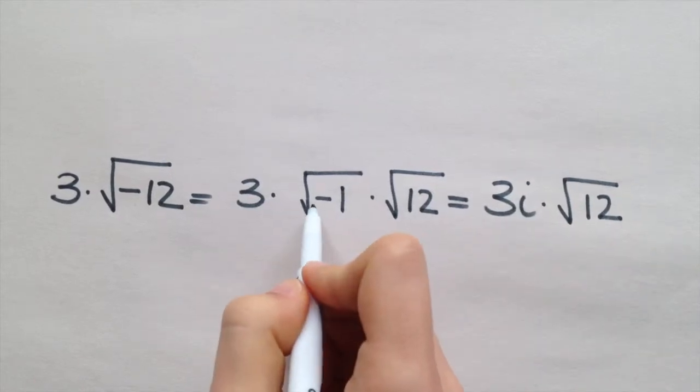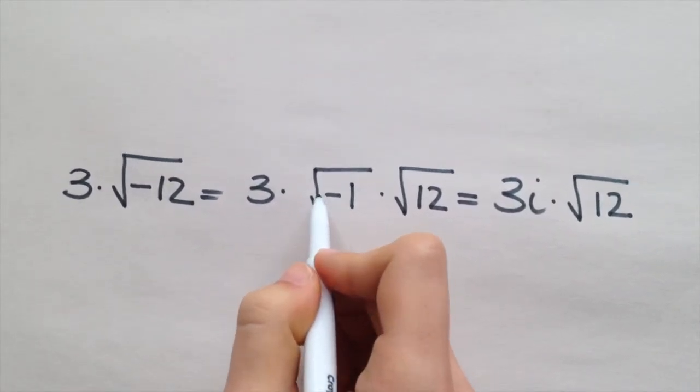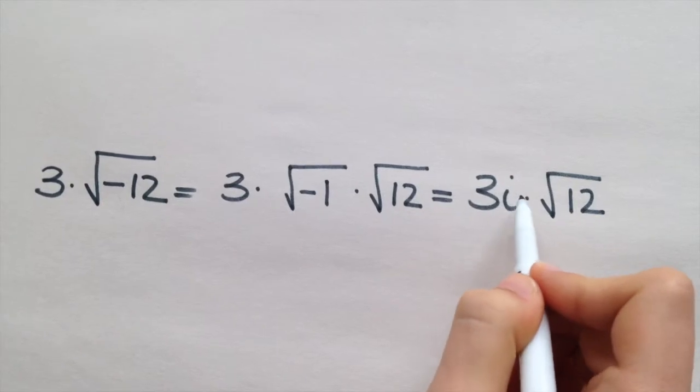Why is it 3i? Because this here turns into i, and so i times 3 is 3i times 12.